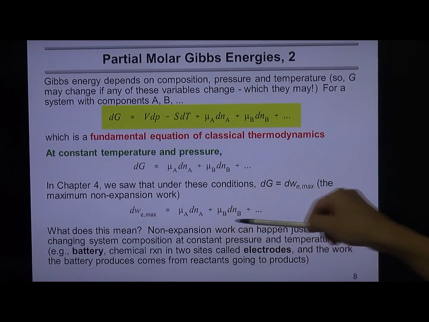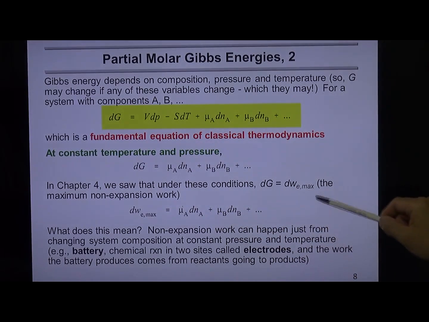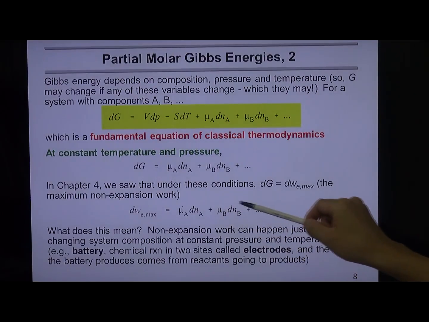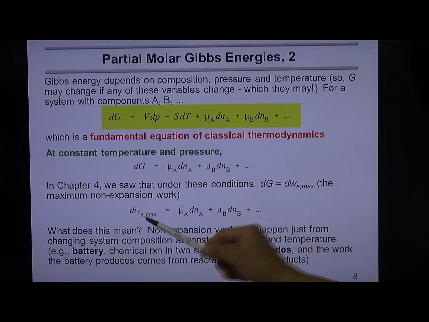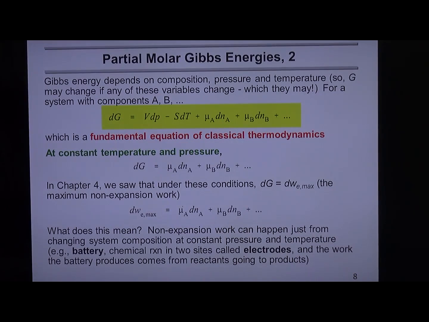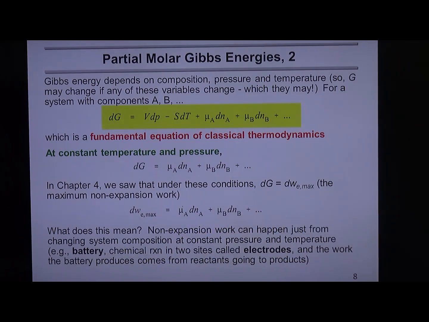This equation means that by simply changing the composition, by simply changing the amount of materials in a mixture, we can do work. Very interesting. The representative example of this is a battery.